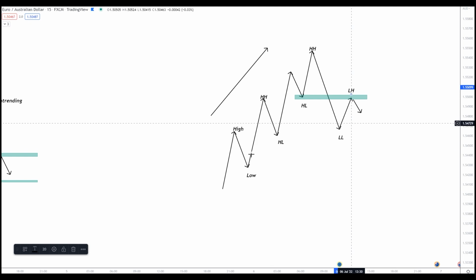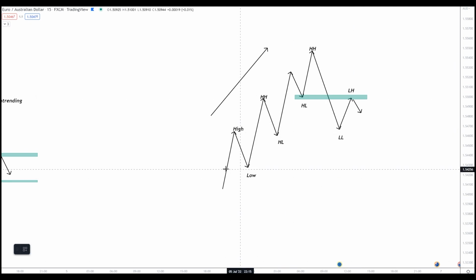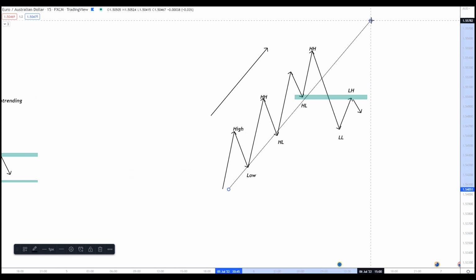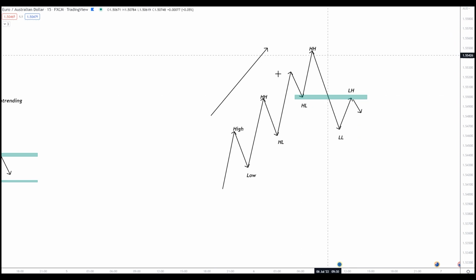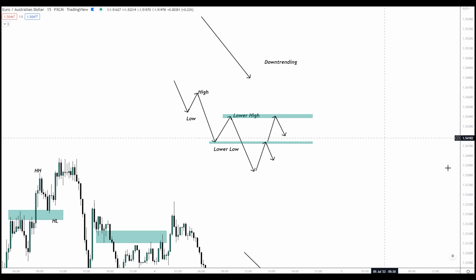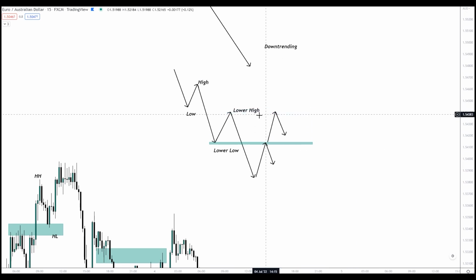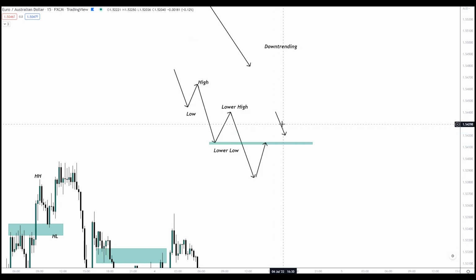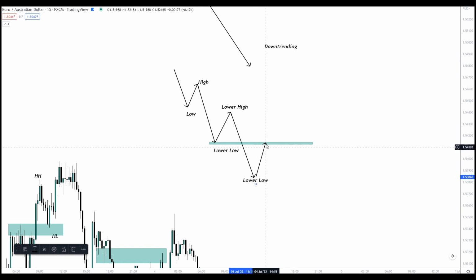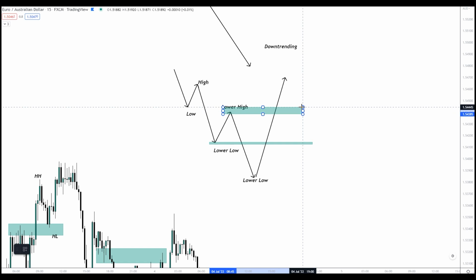Just like that. You can obviously say, oh, well, there's a trend line, etc., but it's not really needed in this scenario. You're just looking at the market structure. Once again, going over to a downtrending market, all we would be looking for is that, let me just get rid of these, once price has made this lower low, price has continued pushing, but now it's broken the lower high.